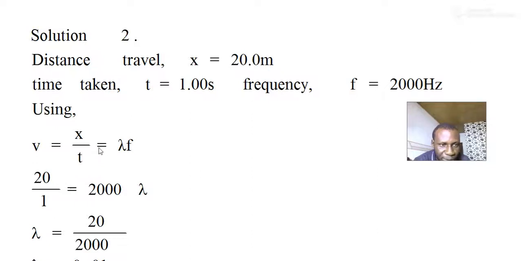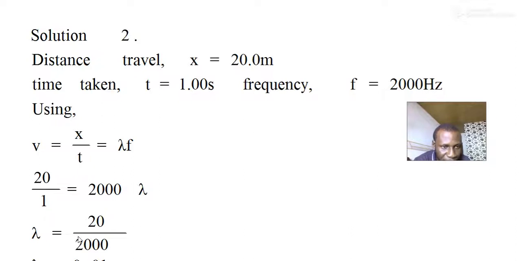So we compare these two terms, and if we do that, 20 over 1 is equal to 2000 times wavelength, where f is 2000, x is 20, and t is 1.